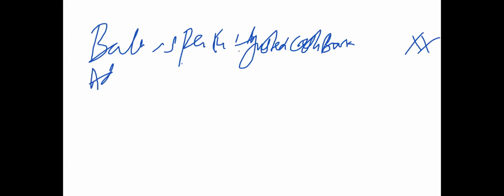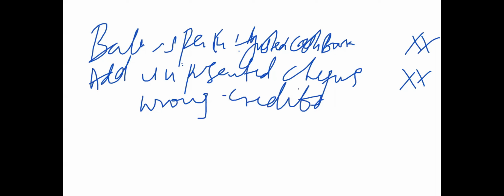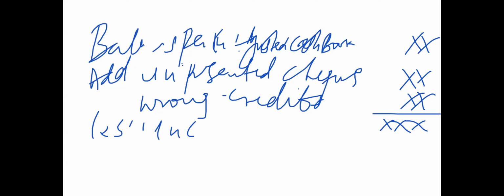Then we add unpresented checks. The amount will be there. Then we also add wrong credits. The amount is there. Once you have added those, you can take off, less, uncredited checks.